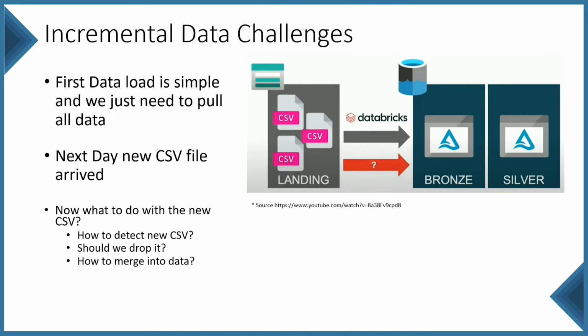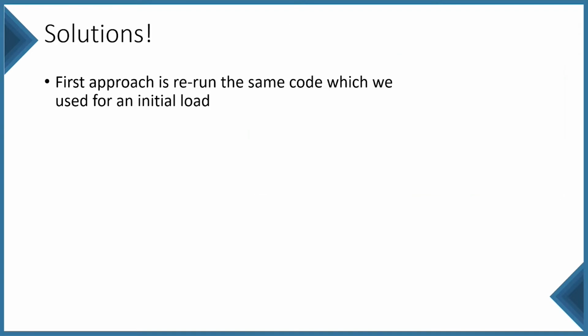Either you drop it or use it. If you drop it, then you are losing the information. And if you keep it, then how are you going to merge it into your data? There should be some strategy, some plan. So these are a few challenges associated with the incremental data pipeline.